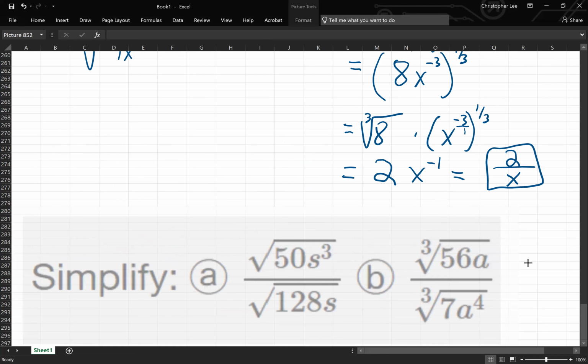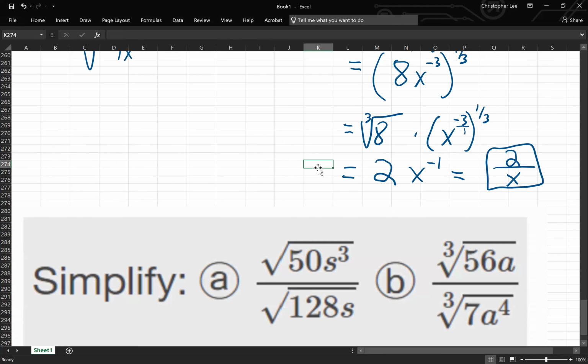All right, so this is another example. Try this out. This says A is the square root of 50s cubed over the square root of 128s. That's A. B is the cube root of 56a over the cube root of 7a to the 4th power, right?